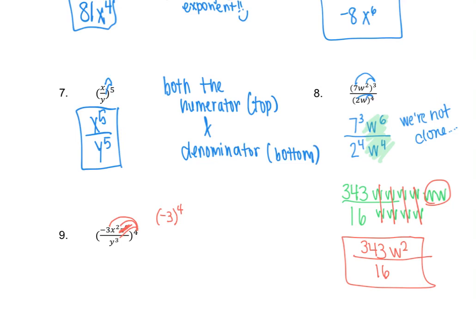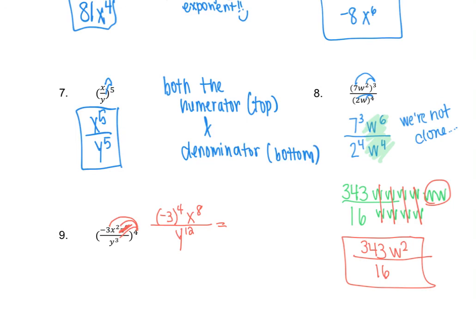This x squared is raised to the 4th, so it's really x to the 8th. And then I'm going to put it over y to the 3rd, which is really now y to the 12th. So the x to the 8th and the y to the 12th aren't going to simplify because they're different letters. And now I have to do this -3 to the 4th, which is going to be -3 times -3 times -3 times -3.